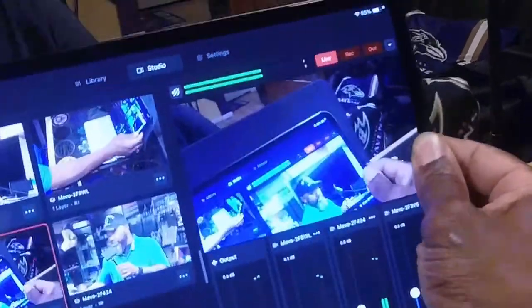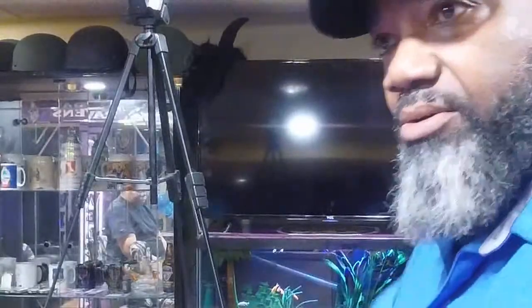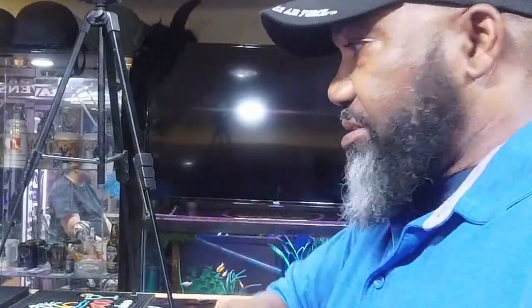It's a magnetic keyboard. So I essentially can pull it off, and that's the keyboard right there. And then it's just magnetic, and it charges it at the same time. So yeah.